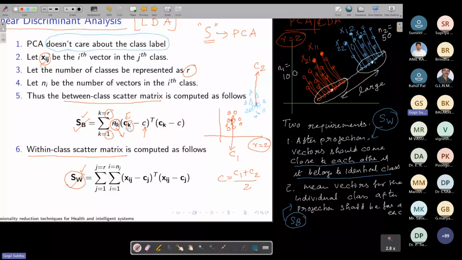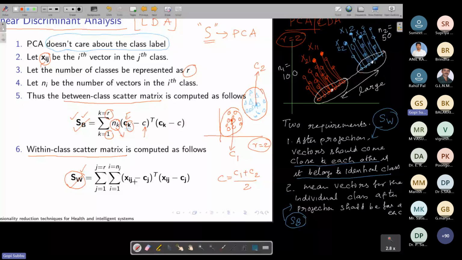Ck is the mean vector computed for the kth class. Like C1 is the mean vector computed for class 1, and C2 is the mean vector calculated for class 2. So this is the way we computed SB. And what is SW? SW is simply adding the scatter matrix computed for the individual class.